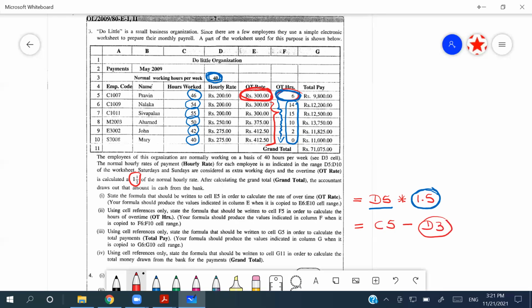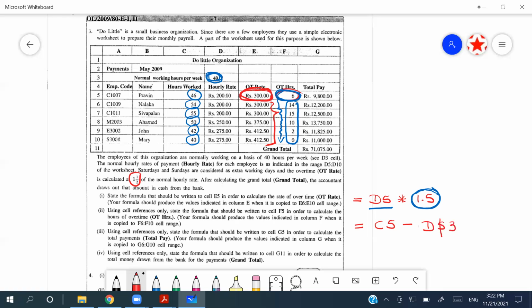So for that reason, I can modify this formula. If my D3 should not get changed, we know that when we are copying downwards in one particular column, it's the number that's going to change. So if you say it in this manner, D$3 will be a correct answer, right?